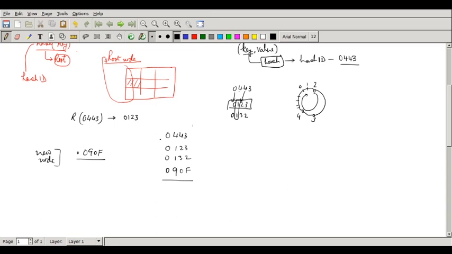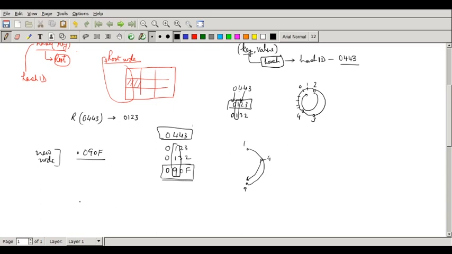So I have to figure this out. In the second digit, if I make a circle, it will be 1, there will be 9, and 4 will come somewhere here. This is not a node, this is a hash ID. So obviously this 9 will be responsible. So 090F has to be the root node for this.